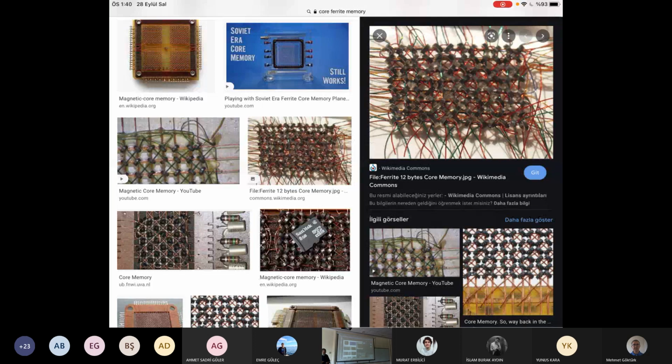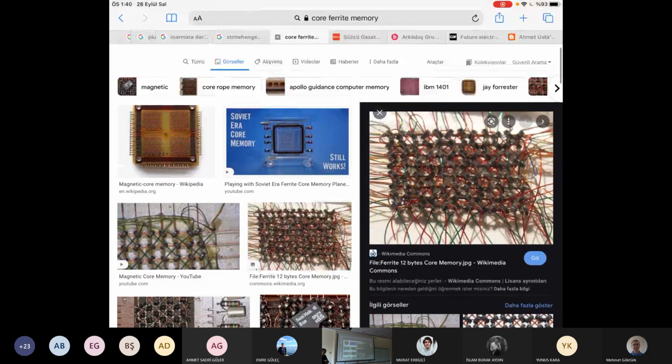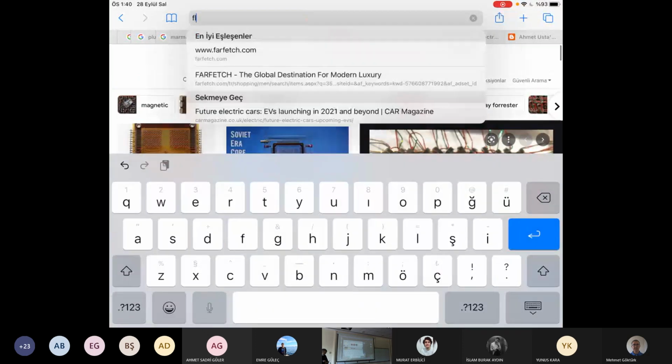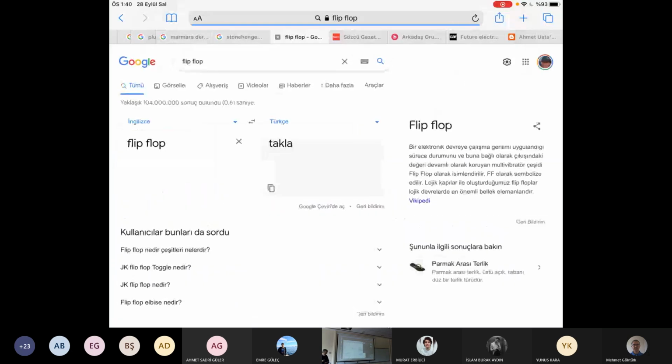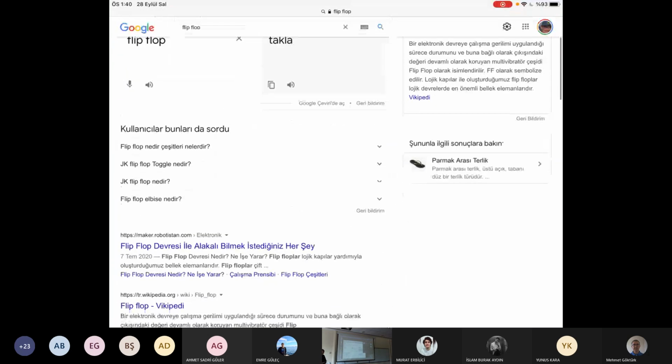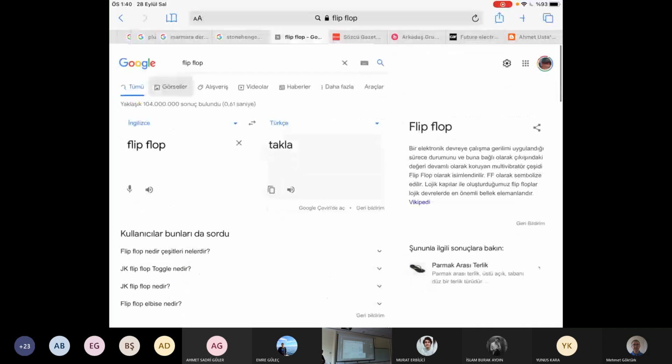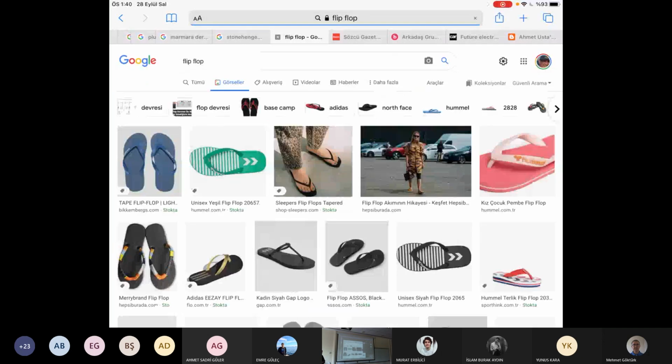There is a way to store information in flip-flop circuits.